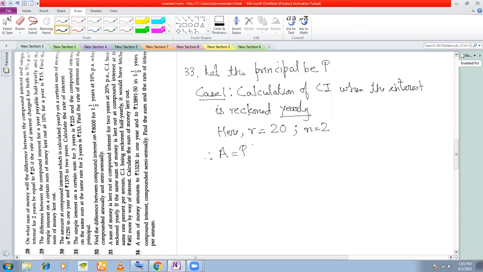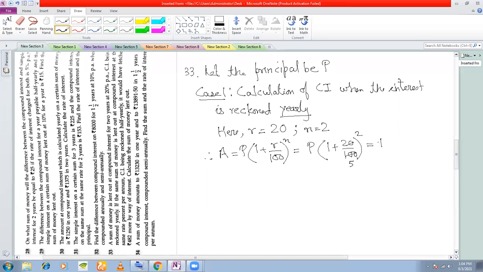A is equal to P times 1 plus R by 100 to the power of N, equal to P times 1 plus 20 by 100. Now you can cancel here with 5.